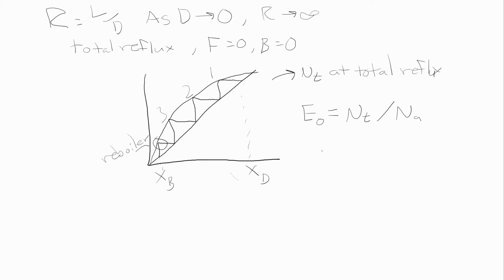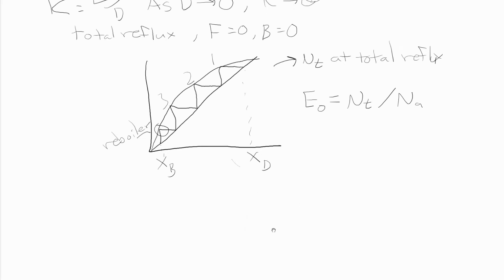Another approach to efficiency is to look at Murphy vapor efficiency together with the McCabe-Thiele construction. So you will recall that Murphy vapor efficiency is simply the amount of the change in concentration in the vapor phase over an actual stage over the change of concentration in the vapor phase that would occur if we approached equilibrium completely in that stage.